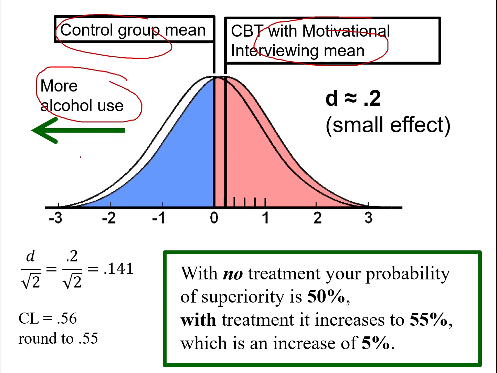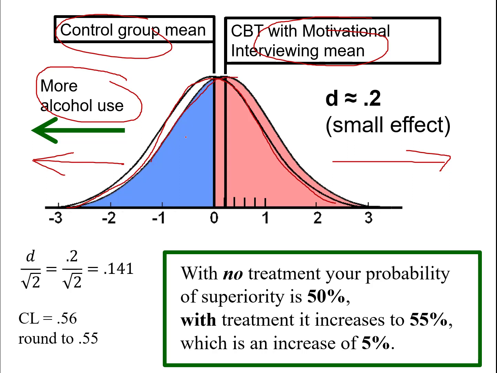As I've been doing all along, going towards the left is more problematic behavior, so that would be more alcohol use, and going towards the right is less alcohol use. The bell-shaped curve on the left is for our control group, showing their levels of alcohol use. And then the bell curve on the right is the distribution of alcohol use levels for our treatment group.